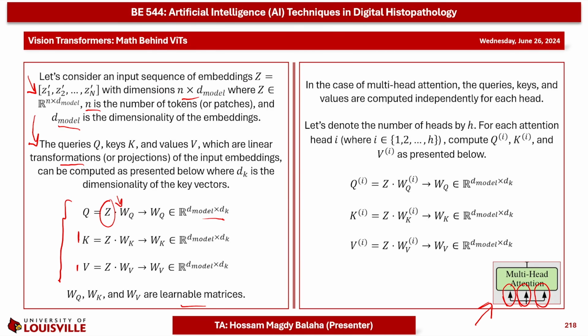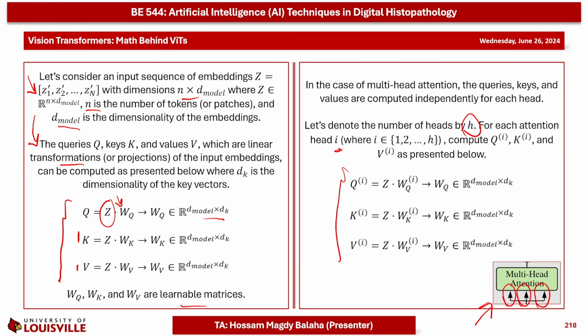And if we have multi-head attention, as mentioned, we have parallel multiple heads. This means each Q, K, and V is computed independently for each head. Now, if we have multiple heads denoted by h, for each attention head i from 1 to h, you are required to compute Q, K, and V. So if you have 5 heads, you will obtain 5 Q's, 5 K's, and 5 V's.